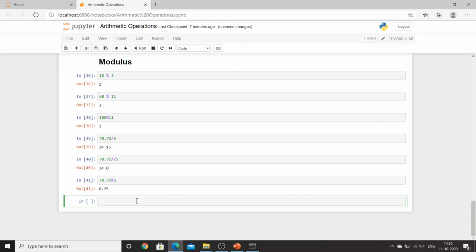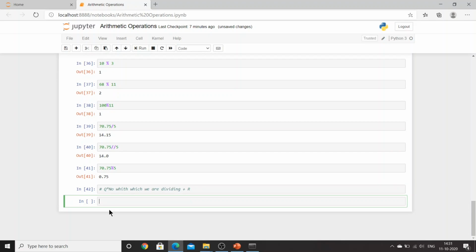Now if you want to find out if your answer is correct or not, the best way is quotient multiplied by the number with which you are dividing, and addition of the remainder or modulus. So let's try 68 and 7.